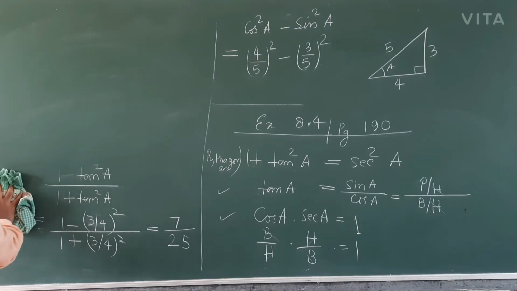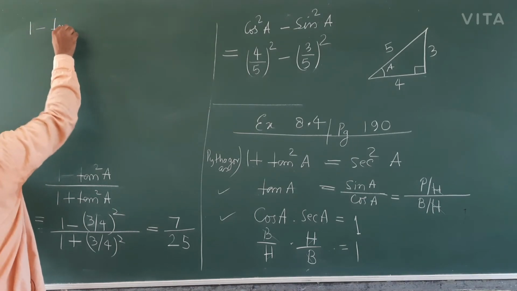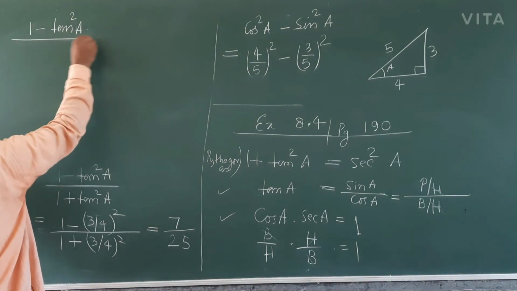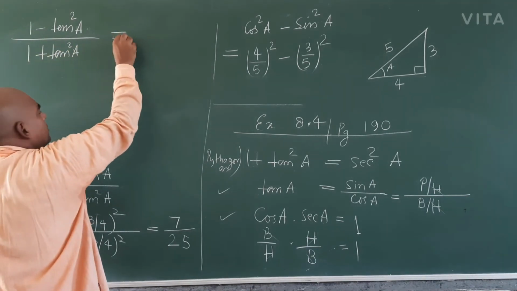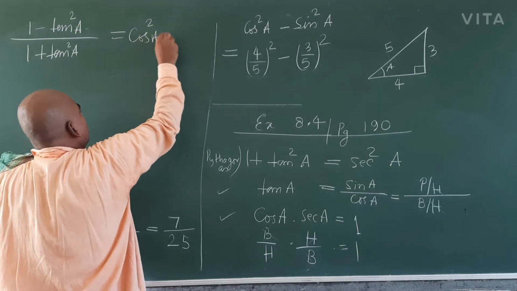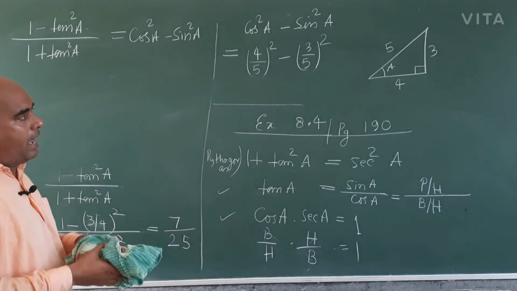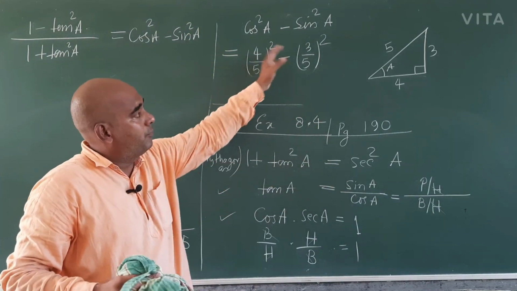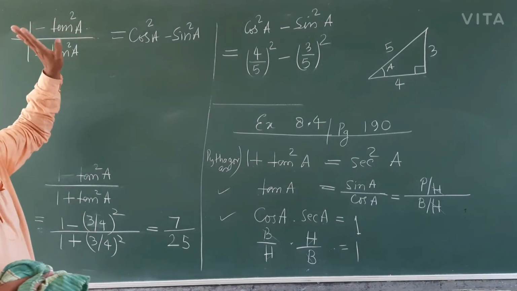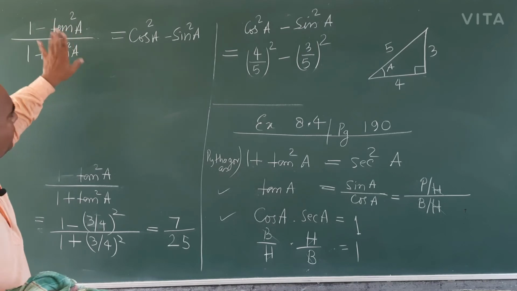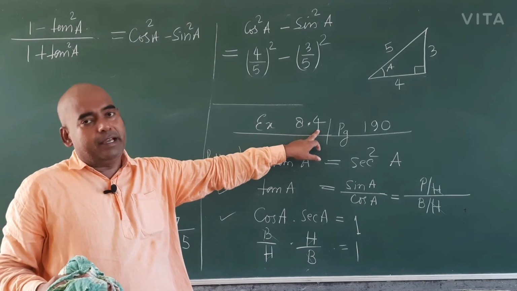This was the question: 1 minus tan square A whole divided by 1 plus tan square A is equal to cos square A minus sin square A. So I have used the definitions, 3 upon 4k, but this is correct for any angle A, for any triangle. So this is called a trigonometric identity, about which I will teach you in 8.4.